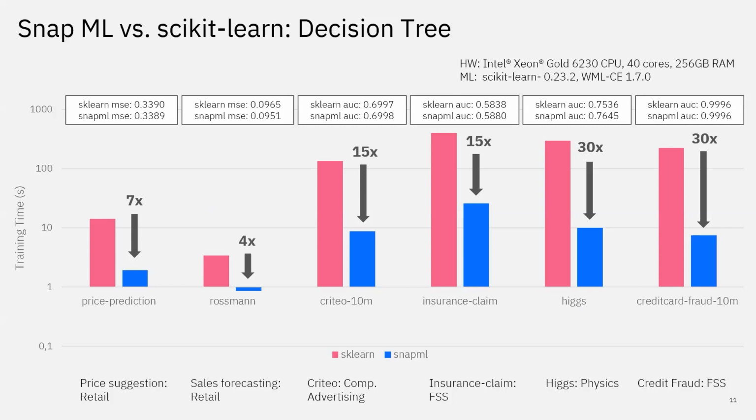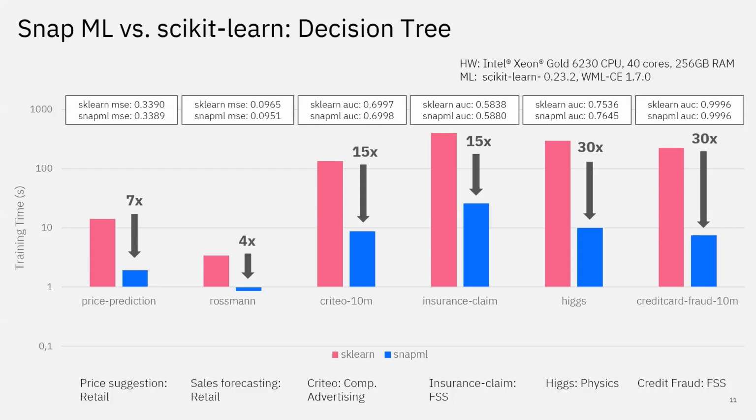So again, a similar benchmark, again CPU only, but this time the decision tree algorithm from SnapML, comparing scikit-learn as well as SnapML. Here again, we see 6 data sets. Again, the data sets correspond to domains like retail, advertising, and financial services.